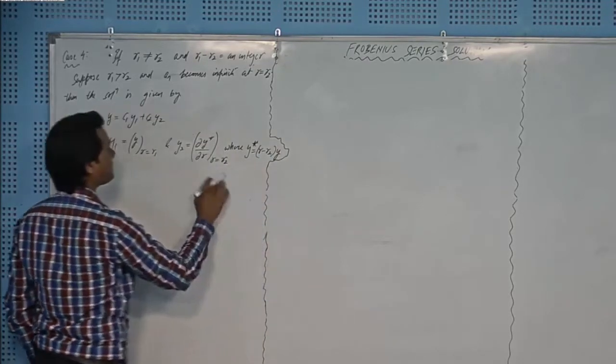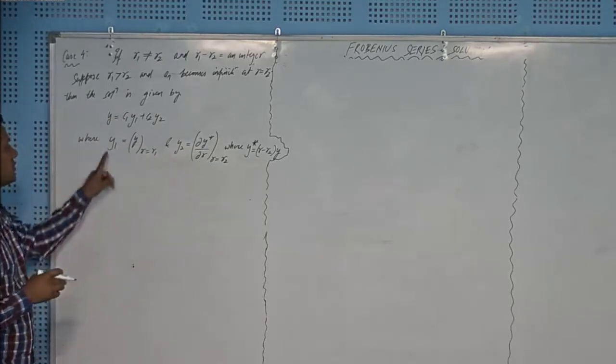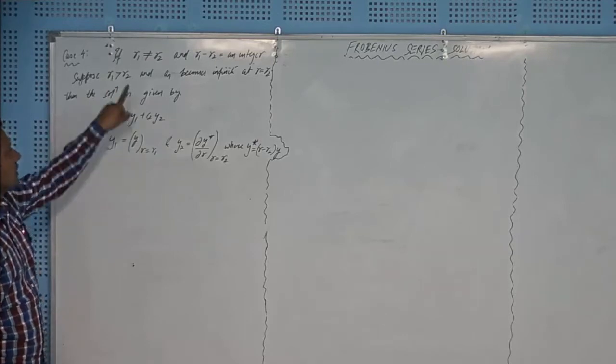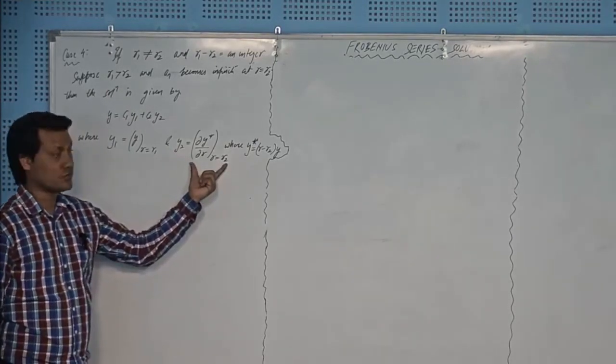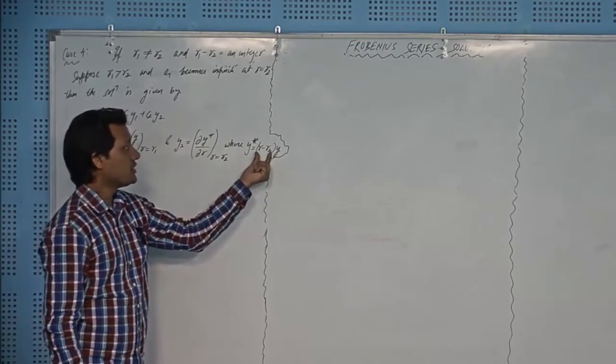So this is an important point, how to obtain the second solution. The first solution is obtained by just plugging the biggest root in our solution y, but the second solution is obtained by this formula. First you have to obtain y star, that is just the product of solution y with r minus r2.